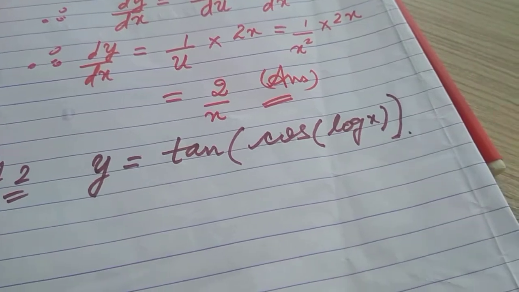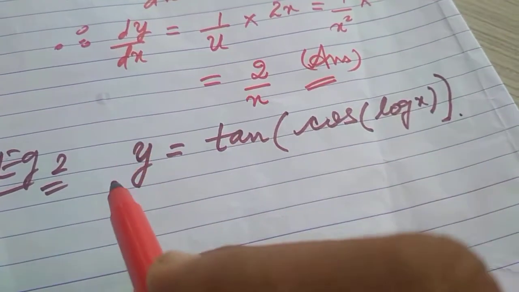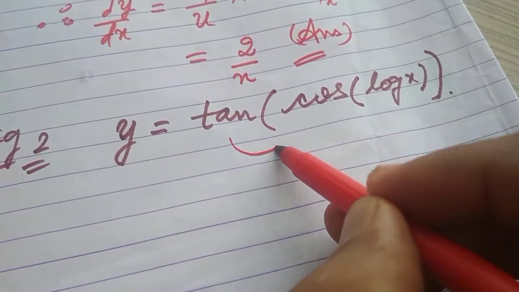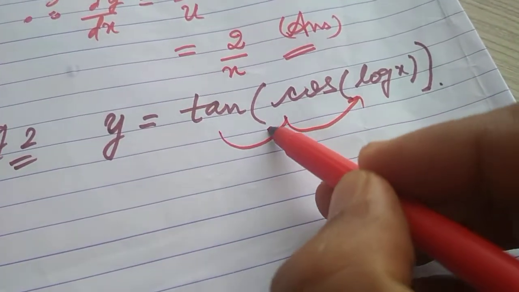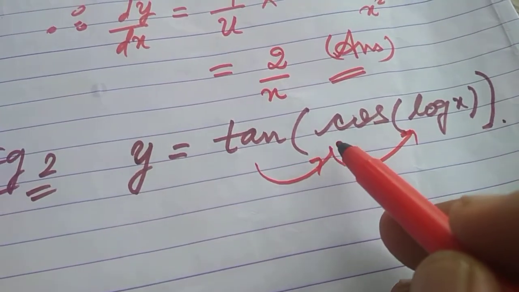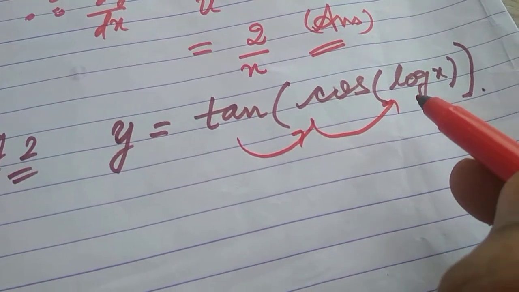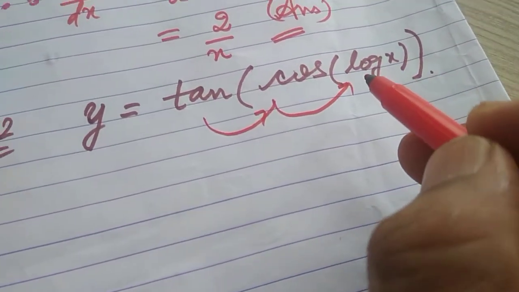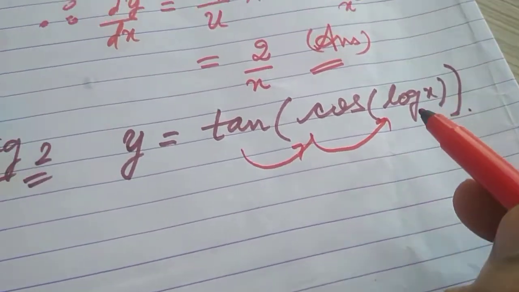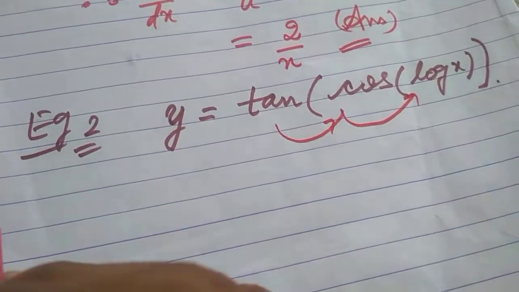Suppose this is the problem. We have to differentiate, or find dy by dx. So we should understand there are multiple functions. Y is a function of cos log x, and cos log x is a function of log x, and log x is a function of x.